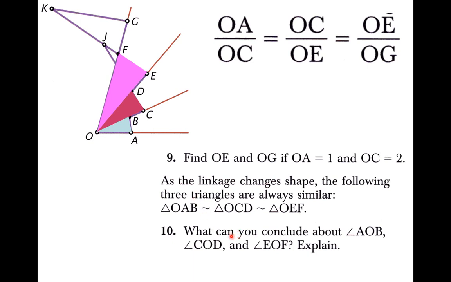Well, because of that, they're asking a question, what can you conclude about these angles? So the angles down here. And with an explanation, tell why. And then kind of an out there question, what does this whole linkage do to angle AOG? Think about your answer to number 10. I think that'll make it easier.